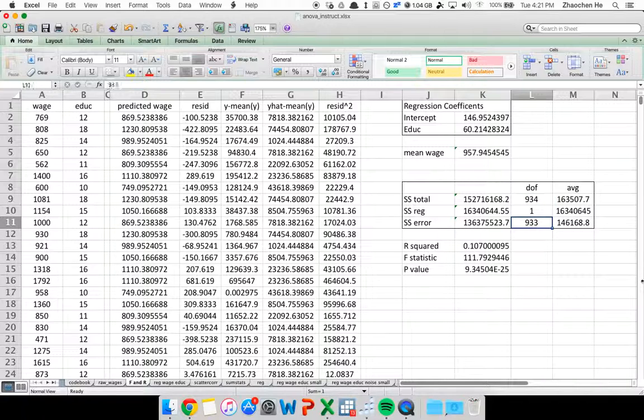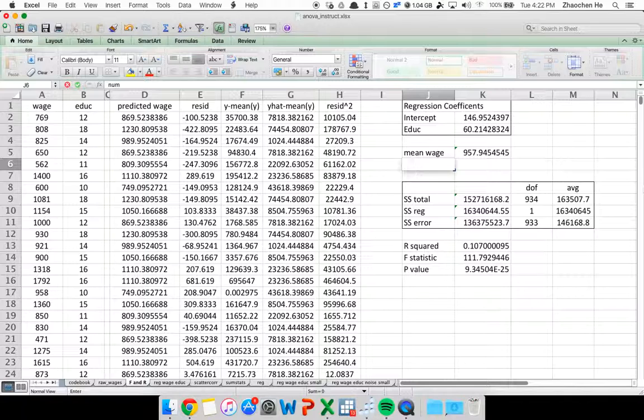Now what do these degrees of freedom refer to? The number of degrees of freedom in our overall regression is related to the total number of data points that we have and the total number of slope coefficients that we estimate in our model.